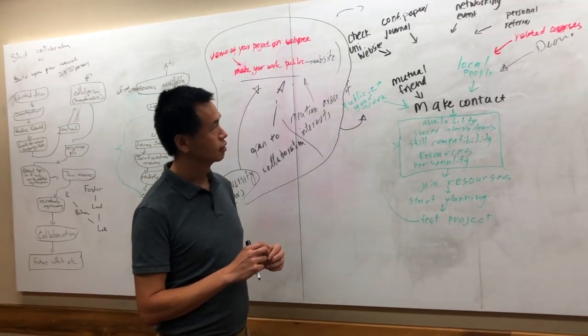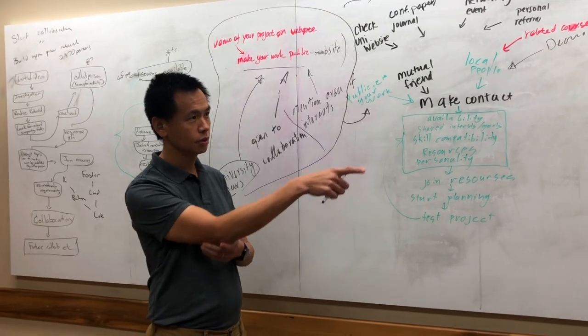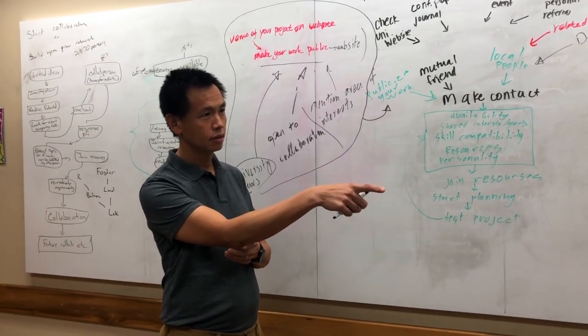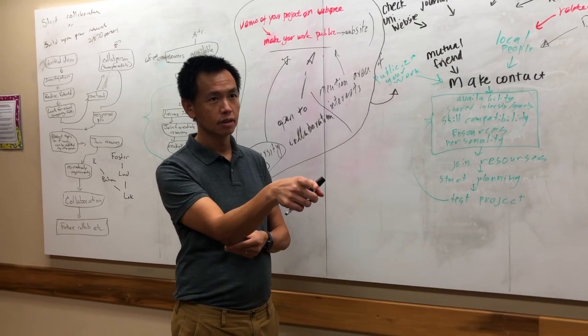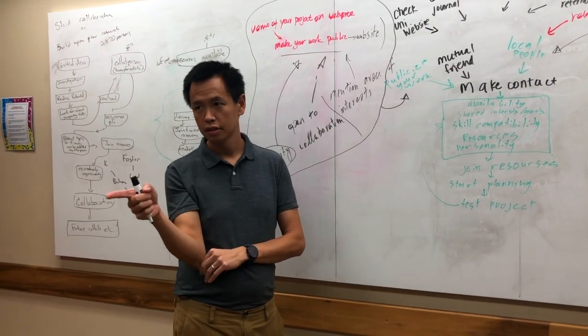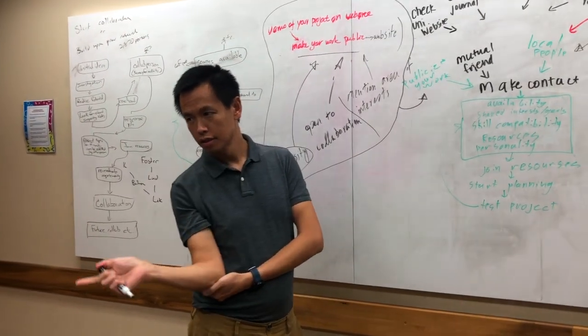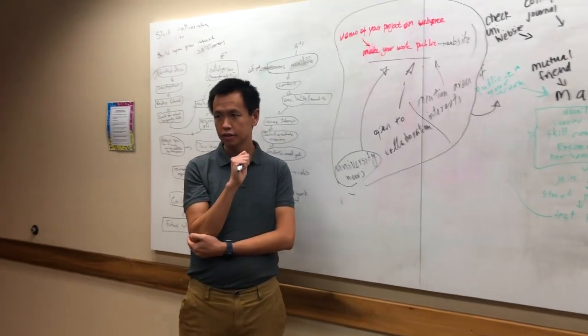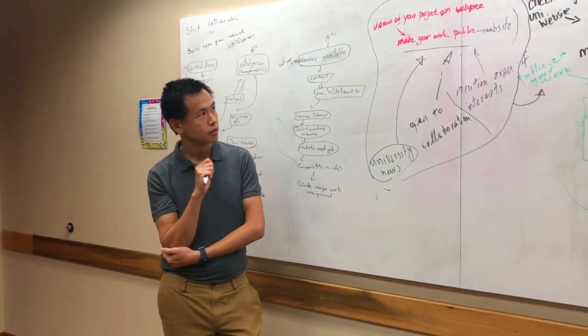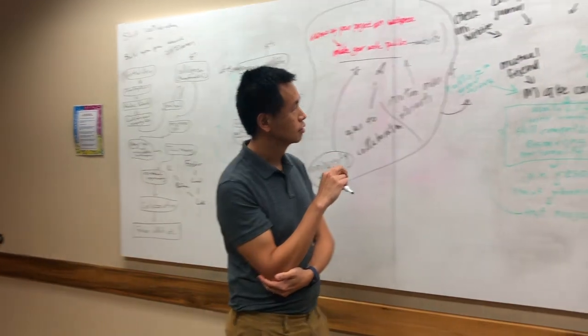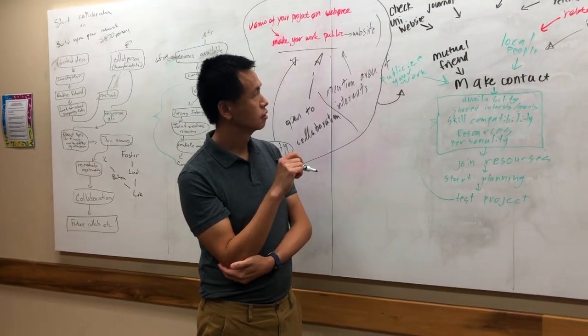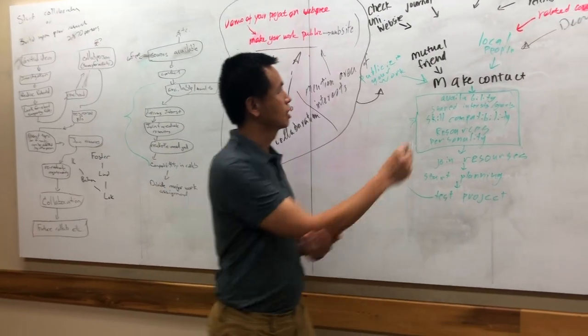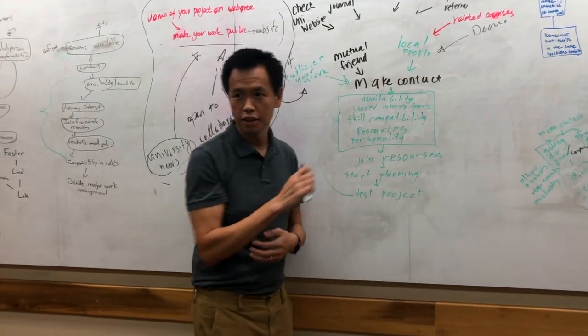Publicizing your work. Personal referral. Mutual friend, or mutual colleague. Mutual friend or networking event, because it could be the same thing. Like they could say, hey, this is so and so. I guess, yeah, mutual friend. Well, I think these things are very similar, and that's exactly right.